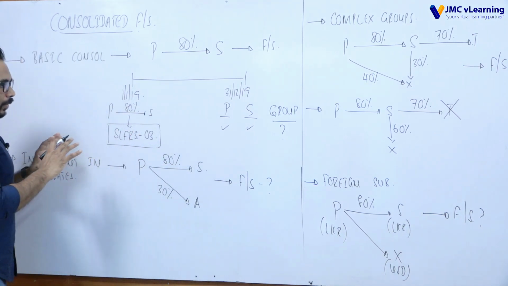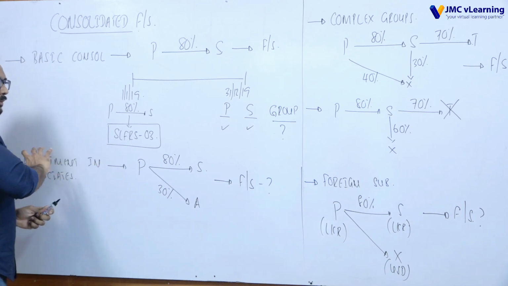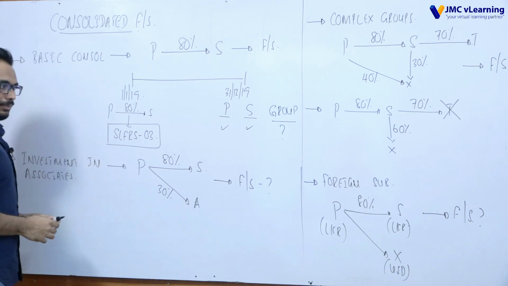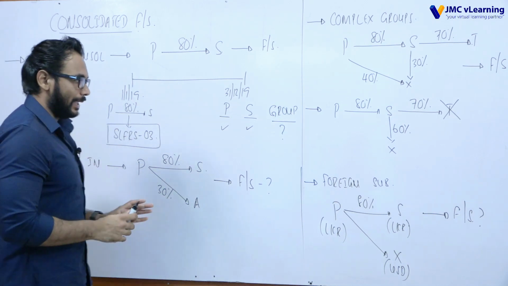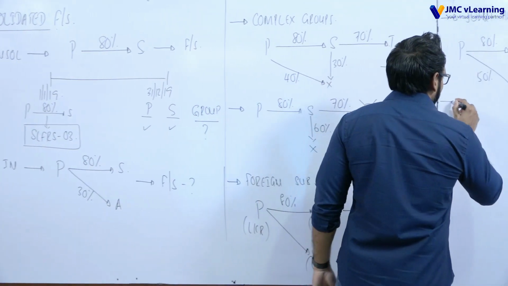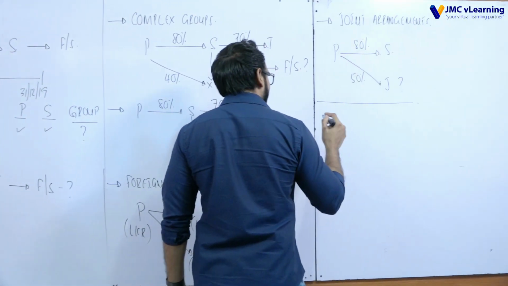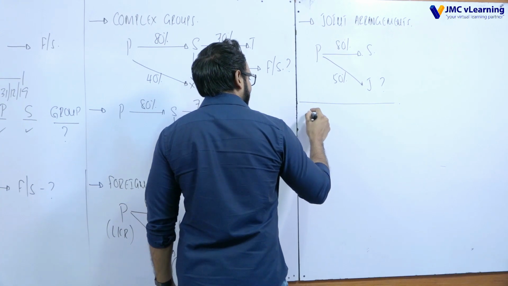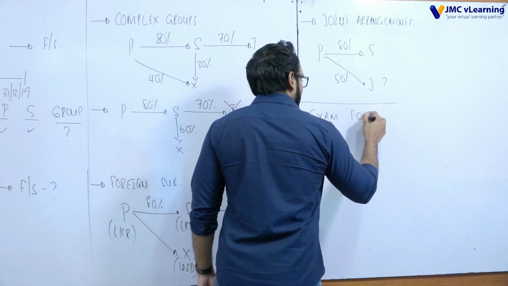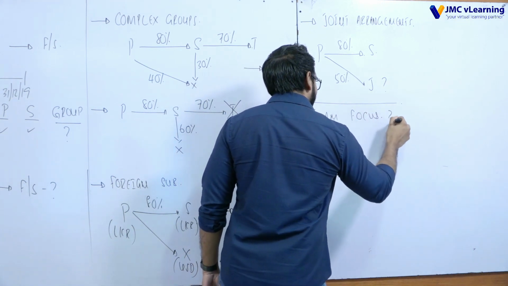So with this, we will be covering up the entire gamut of how do you deal with consolidated financials, looking at all complications possible. And then eventually, at last, we will look at how is this tested at the exam. So exam focus, we will come up at the end.